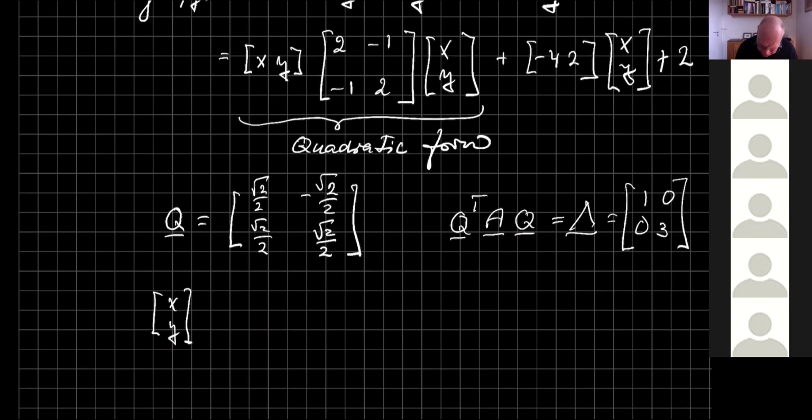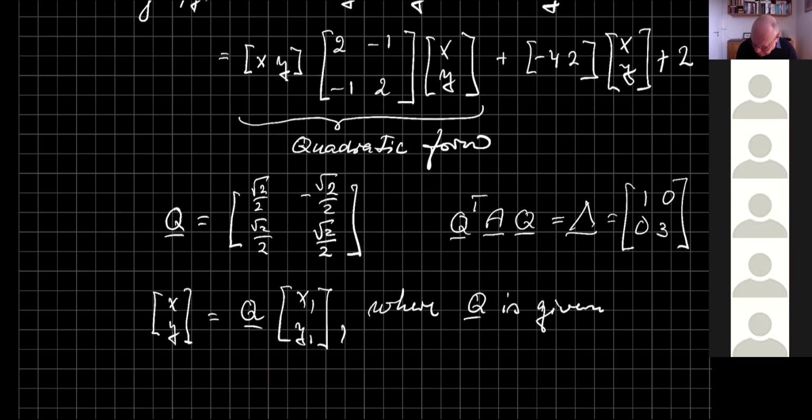So you use Q as a change of base matrix, where this is the relation between the new coordinates x1, y1, and x and y, where Q is given above.